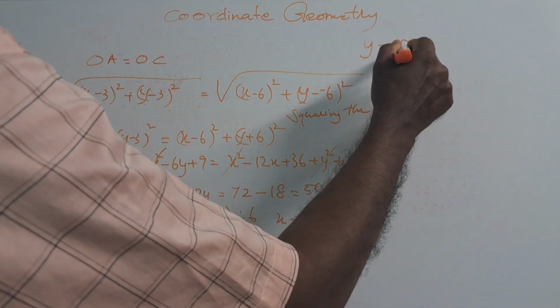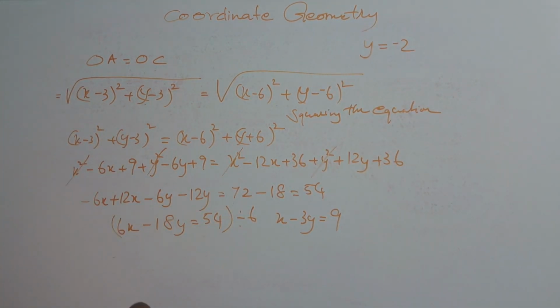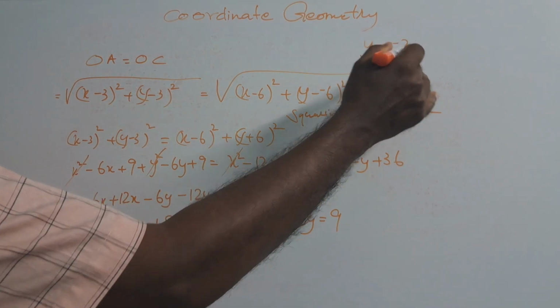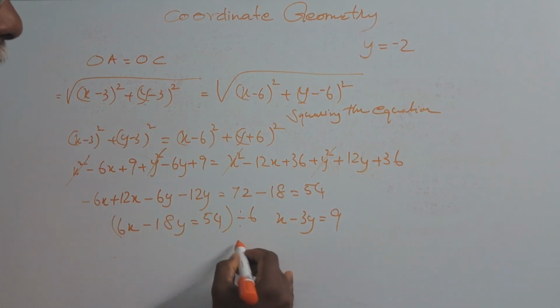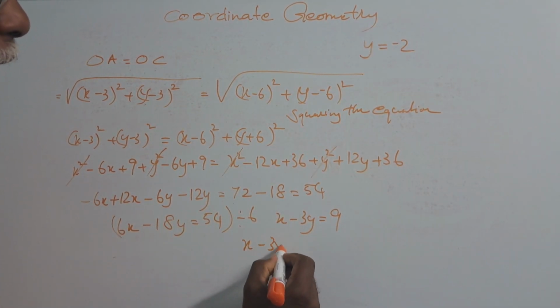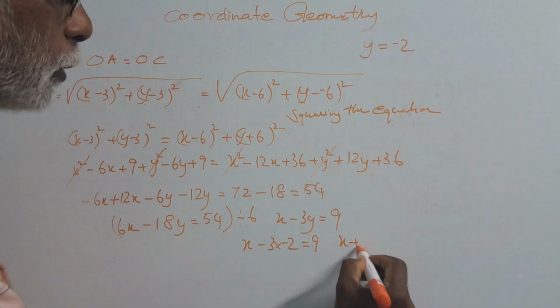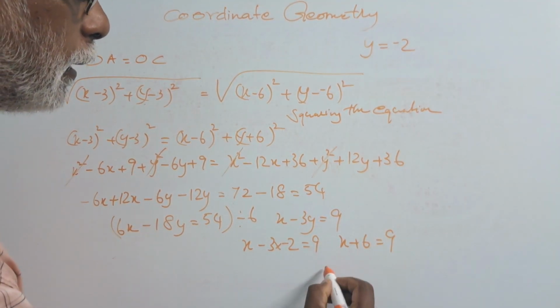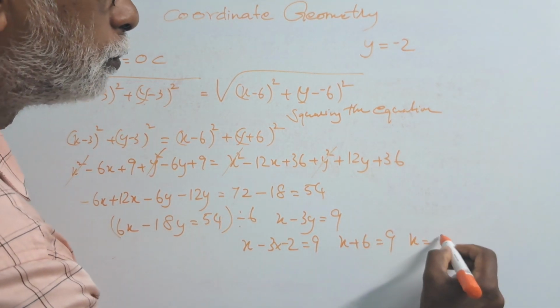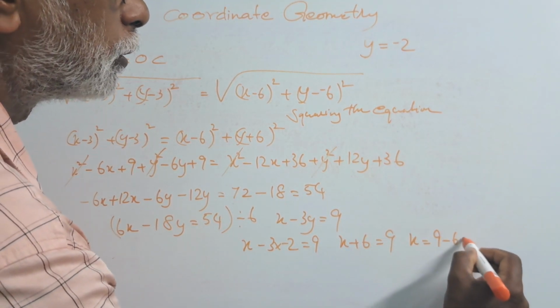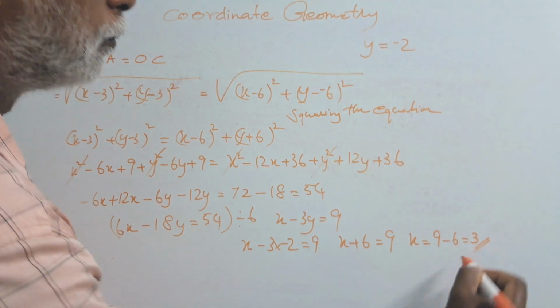We know the value of y. Y is minus 2. X minus 3 into minus 2 is equal to 9. X plus 6 is equal to 9. X is equal to 9 minus 6 equals 3.